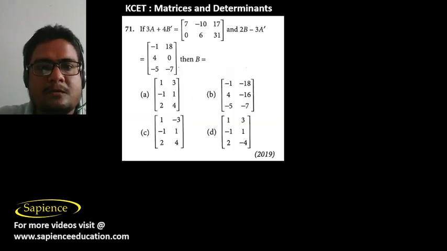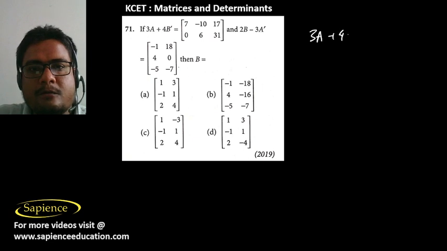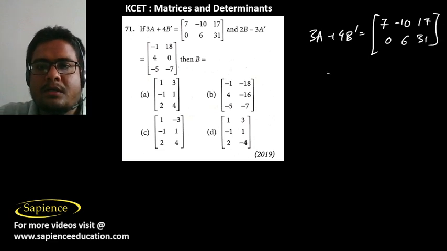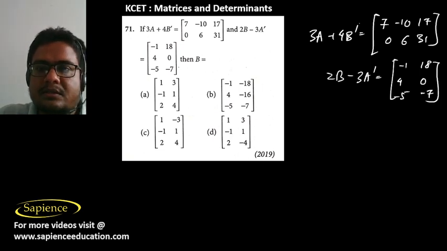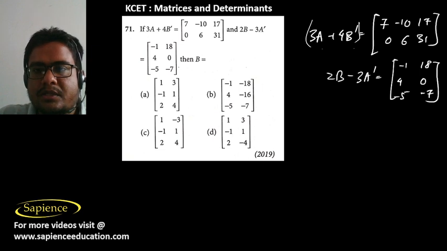Then it is told that the matrix (3A plus 4B) transpose is [7 minus 10 17; 0 6 31], and (2B minus 3A) transpose is [minus 1 18 4; 0 minus 5 minus 7]. Then B is how much? So we can take the transpose of this first matrix.